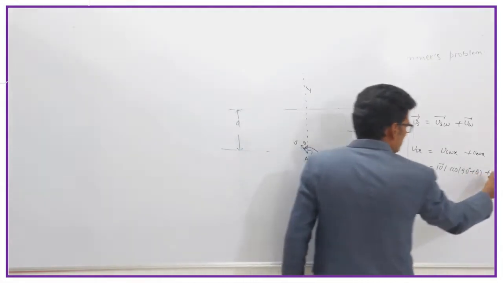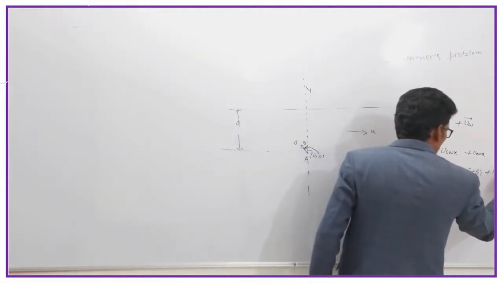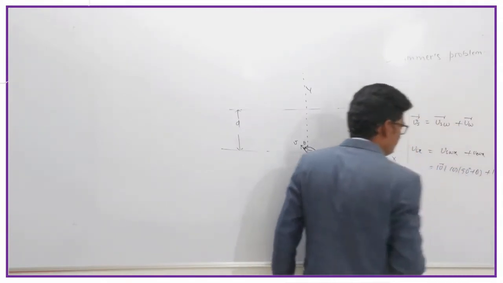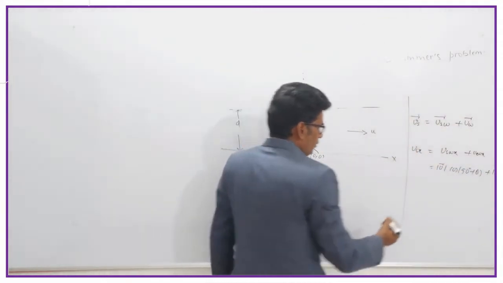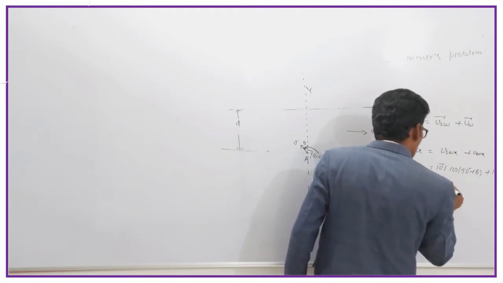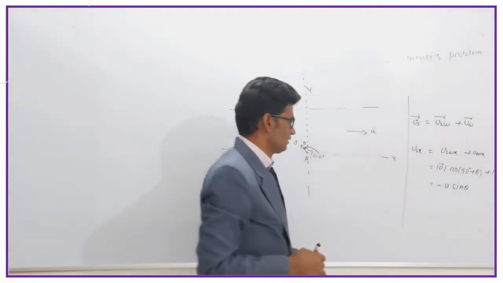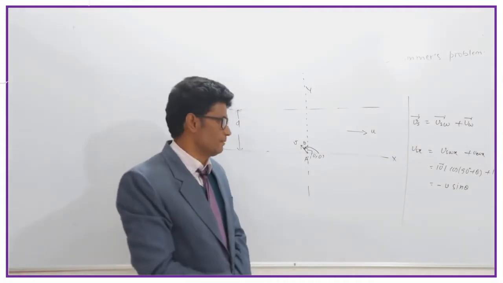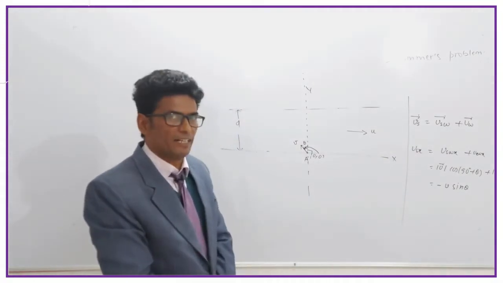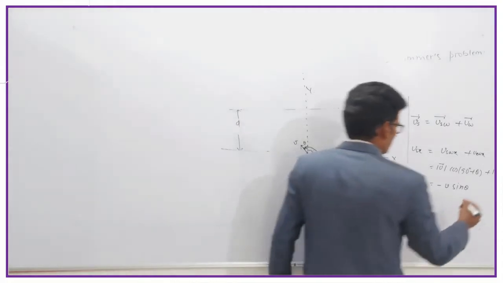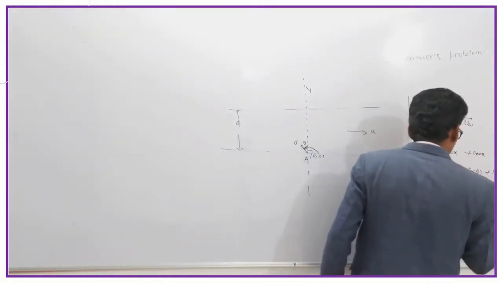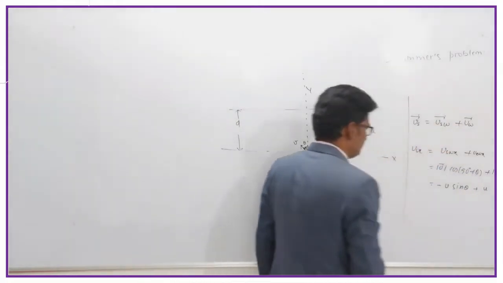So we write here modulus of vector u and cos 0 degree. Now it comes out to be minus v sin theta, because cos of 90 degree plus theta is minus sin theta. Put minus outside and write like that, minus v sin theta, and here u cos 0 degree comes out to be 1, so this is u.